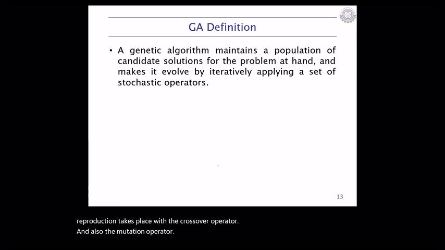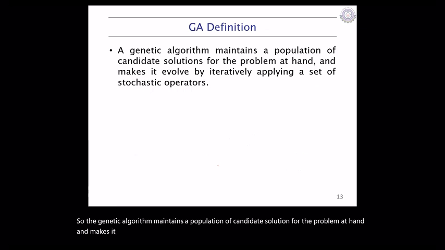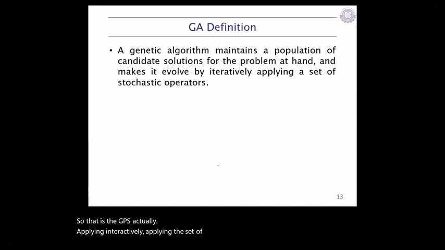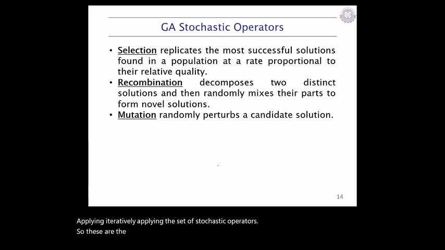The genetic algorithm maintains a population of candidate solutions for the problem at hand and makes it evolve by iteratively applying a set of stochastic operators. So these are the GA stochastic operators.